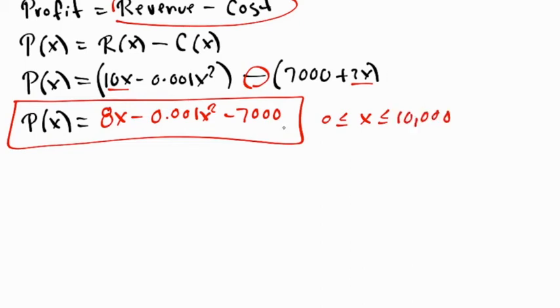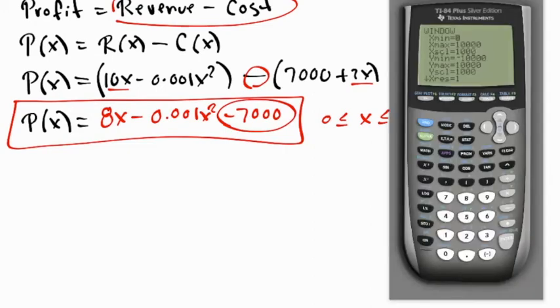And I did that because I saw that negative 7,000 was a potential for loss if we produced nothing. We would start off at negative 7,000. So I went from negative 10,000 to positive 10,000 on the y-axis and counted by 1,000s. If this graph does not look right, I can add more space on the y-axis.